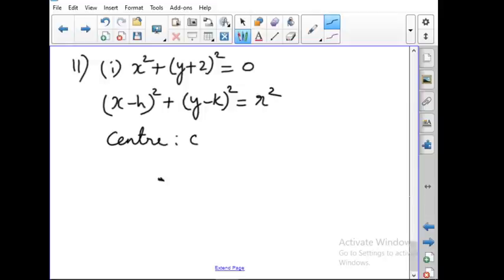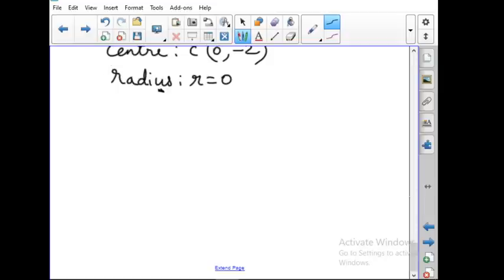The center C is h, which is 0 in the place of h, and in the place of k we have plus 2, so k is minus 2. Comparing the radius, it is 0, so radius r is equal to 0. Okay. So this is the method we need to follow to find the center and radius of the circle.